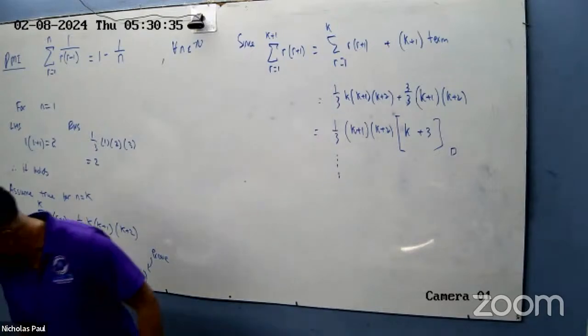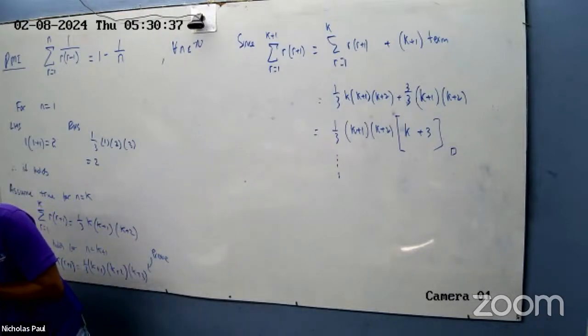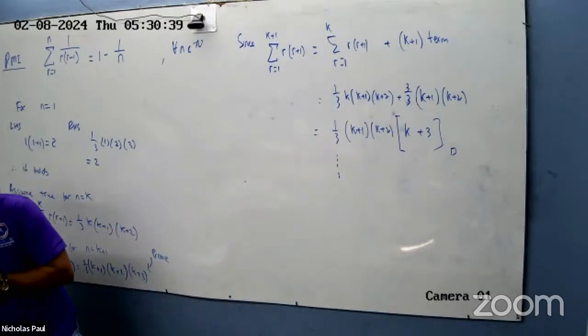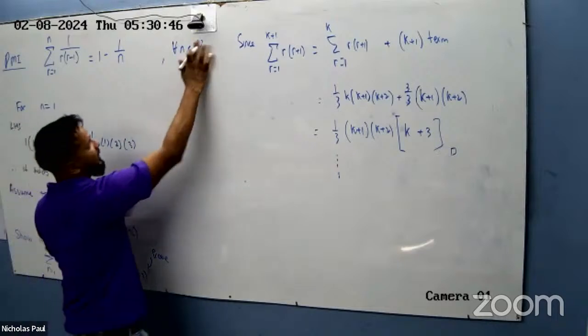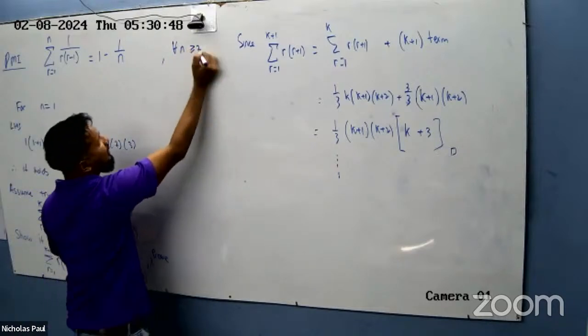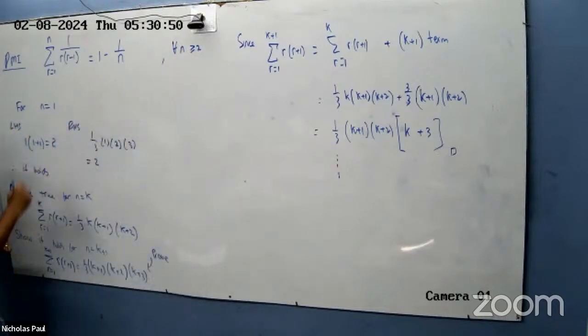It didn't mention n equal to 1. Oh, alright, yeah, it is specified. Sorry about that. But no, just start from 2.